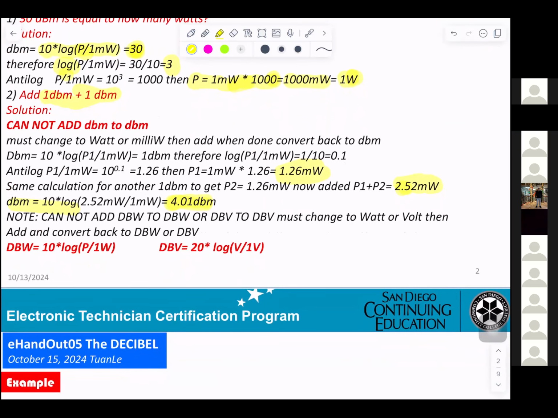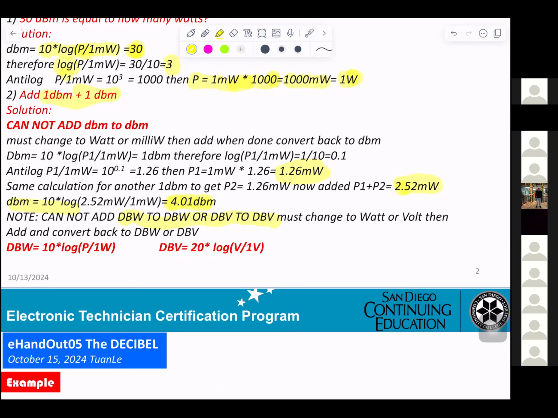So, we cannot add dB watt to dB watt or dB volt to dB volt. Merge them to watt or volt, then add and convert it back to dB watt or dB volt. dB watt equals 10 times log of power divided by 1 milliwatt. dB volt equals 20 times log of volt divided by 1 volt.